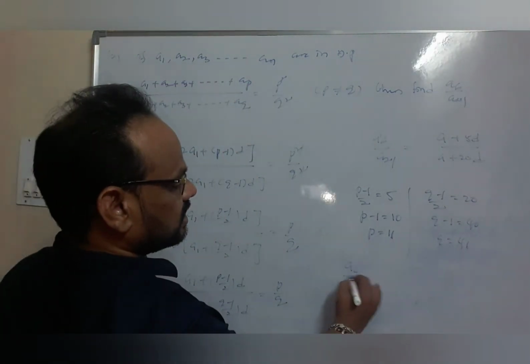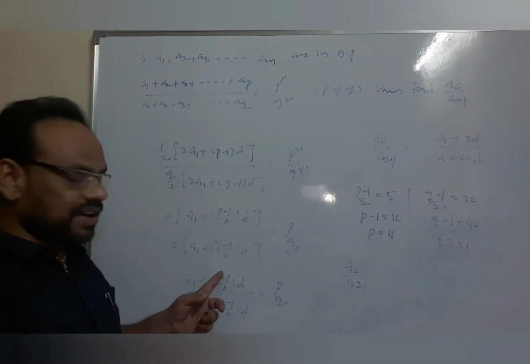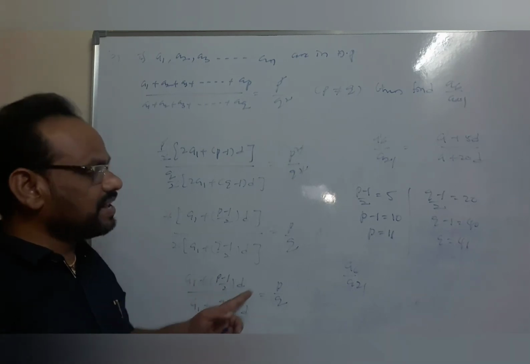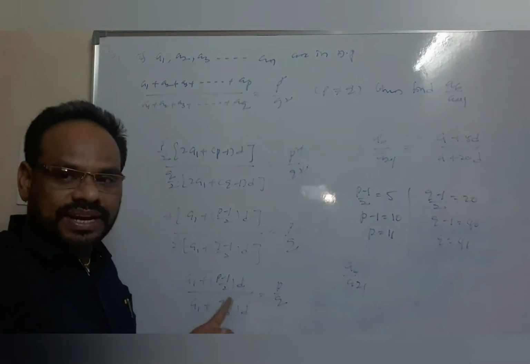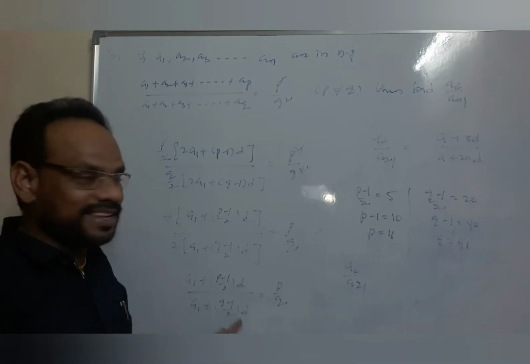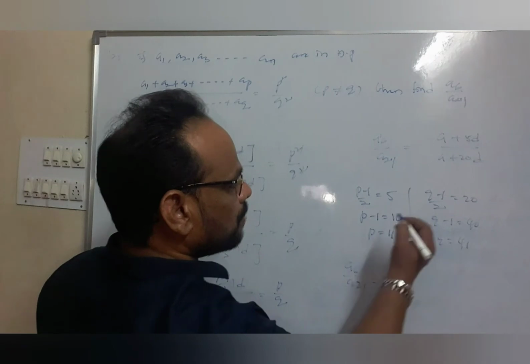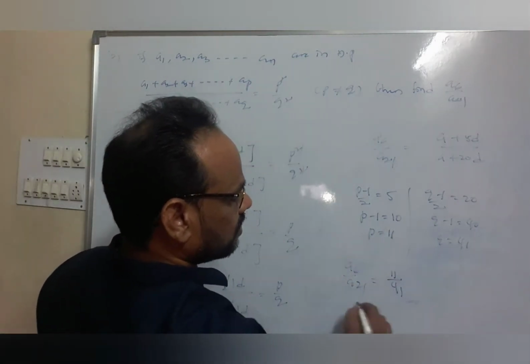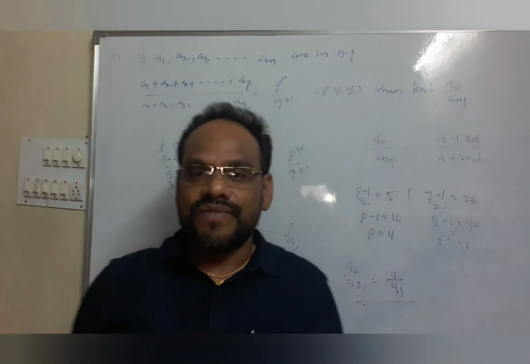For a6 by a21, if you substitute p value 11, 11 minus 1 is 10, 10 by 2 is nothing but 5, so a1 plus 5d is nothing but a6. If you substitute 41, 41 minus 1 is 40, 40 by 2 means 20d, a1 plus 20d is nothing but a21, and it is equal to p by q. P value 11 by q value 41. Therefore, a6 by a21 is equal to 11 by 41.